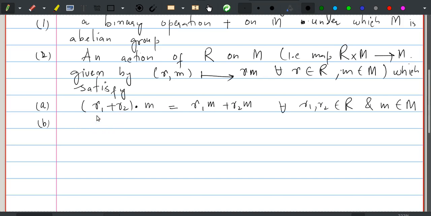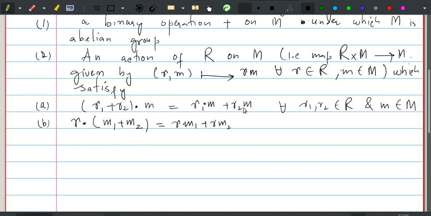The second item is that if we have an element of R, this multiplication should also be compatible with the addition in the module. That is, this is r m1 plus r m2.